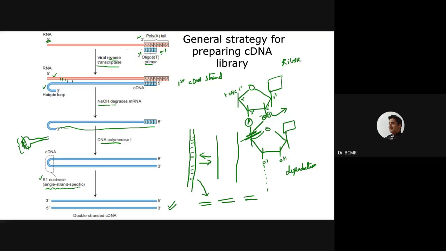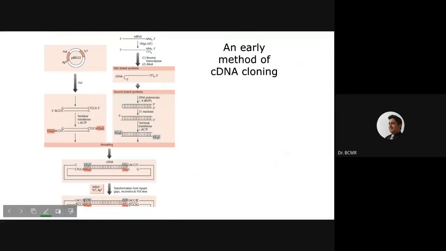Every polymerization done by reverse transcriptase carries the information present on the RNA. But we are using S1 nuclease here and degrading some part of it. That means we are actually losing some information. It is incomplete on the 5' side, because we are using S1 nuclease. That is the disadvantage of this particular protocol.